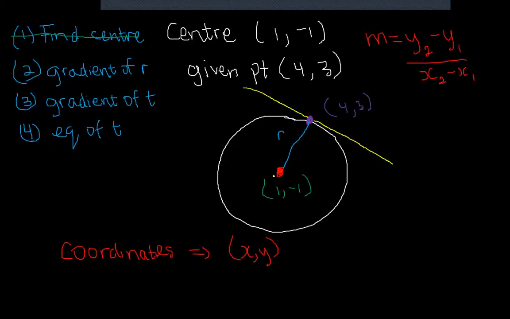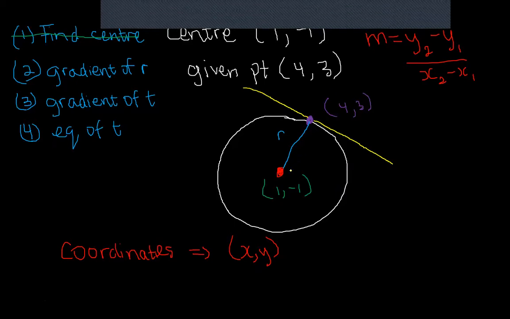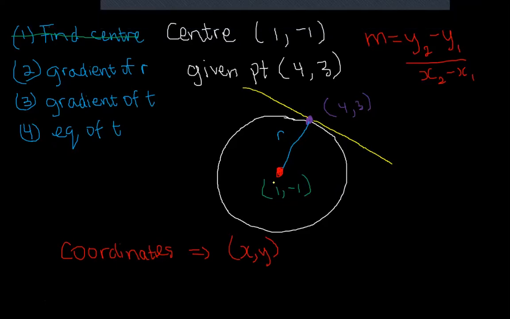We need to identify what's x1, y1, x2, and y2. We did this in a previous class. If you need to, check in the classroom. Right. So you need to remember that they're interchangeable. I could put x1, y1 here.